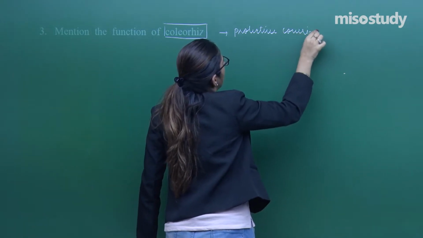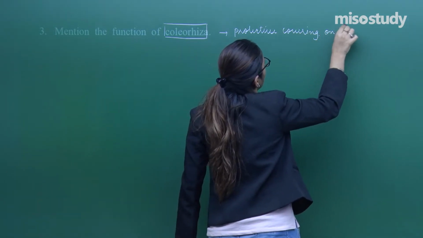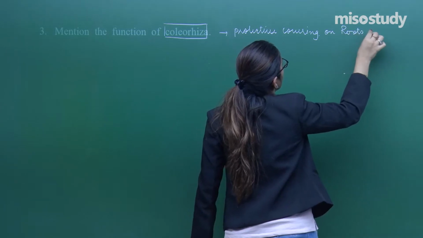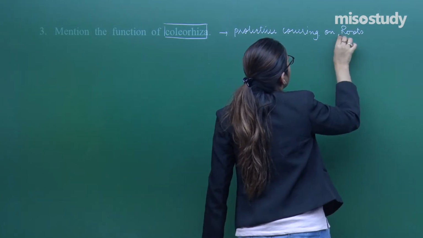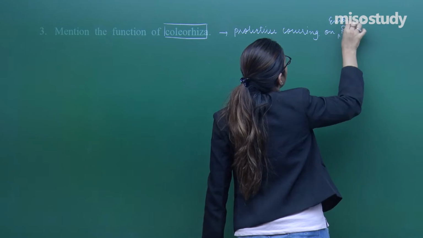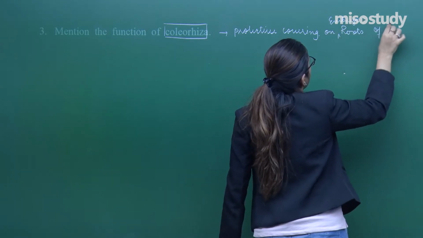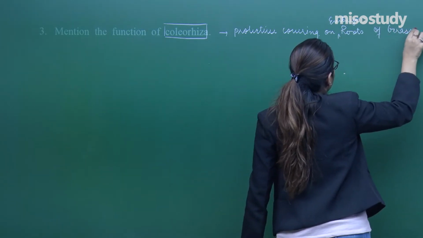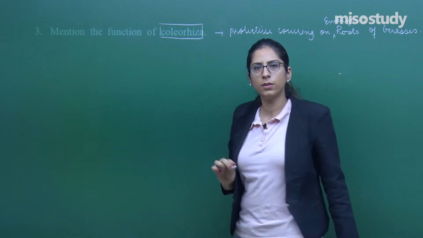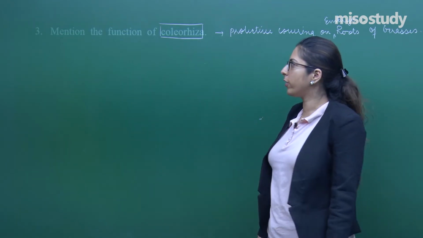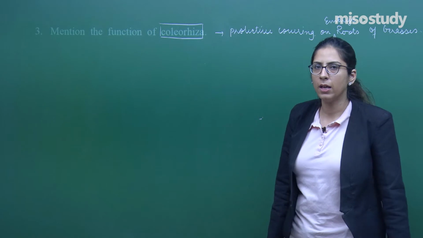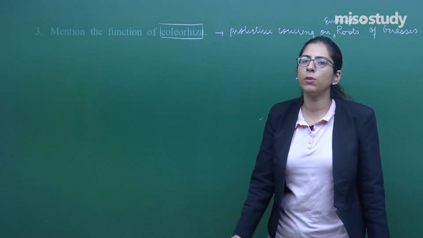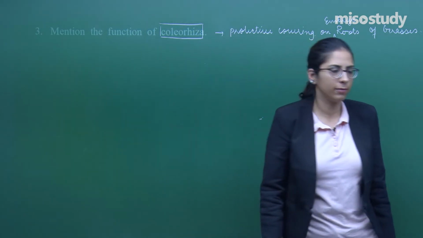It is a protective covering on the embryonic root of grasses. So this was question number 3, the first category, 1 mark. Note this down, then we will proceed towards the next category.